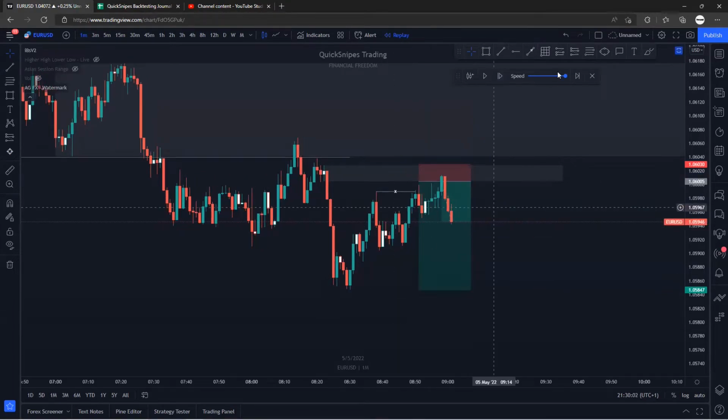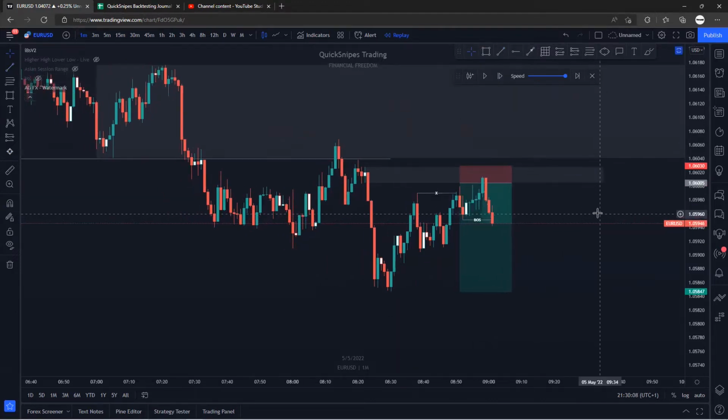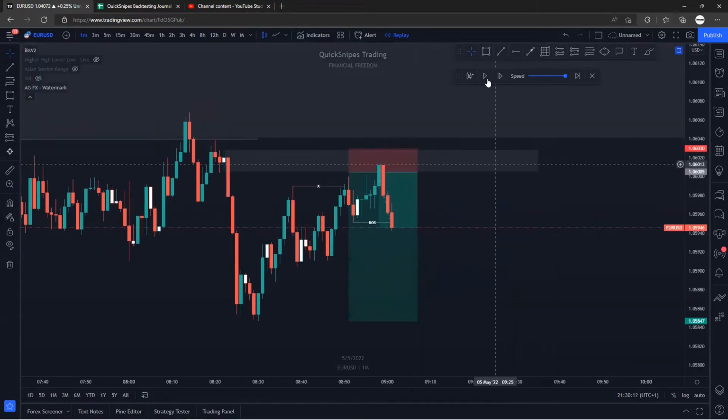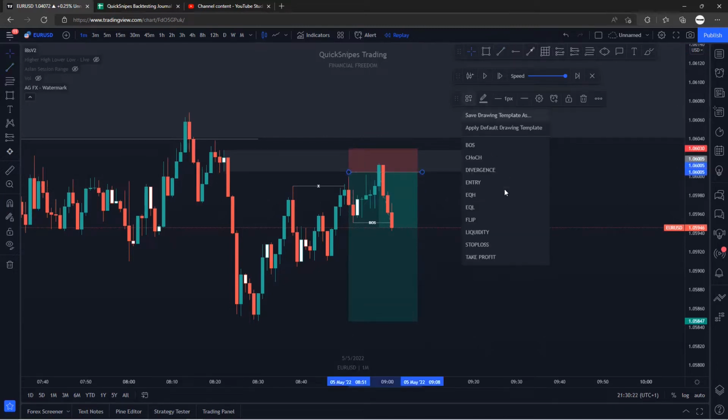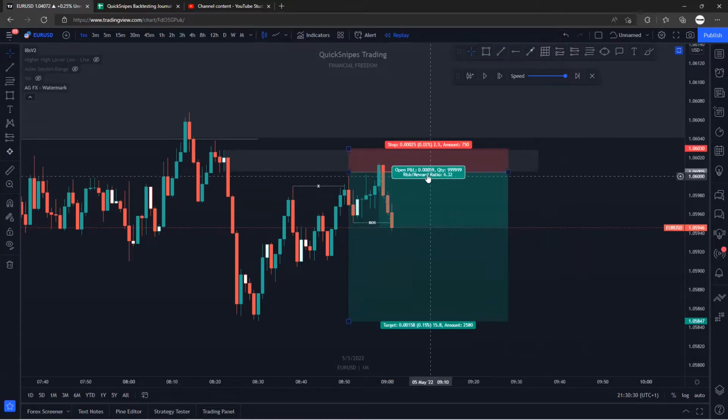Now we've broken structure, this structure here. So what I'm going to do is mark that up as break even. So our stop loss should now be at break even because we've broken previous structure. That means if we come back to entry, the trade will close. Stop loss is there. I'm just going to widen the trade just to let it play out.